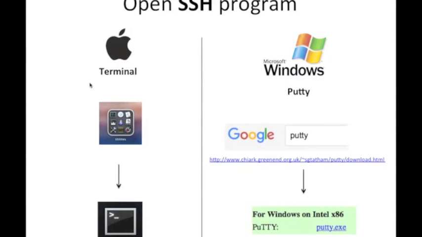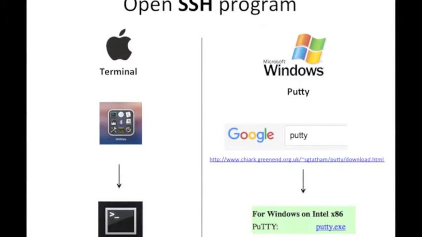Okay, so for the Mac, it's very simple. You open the utilities and you open the Terminal, which is a kind of black square. Click that. That's all you need to do. For Windows, you need to install one program, which is pretty simple to install. Usually the way I do it, I just open Google and type PuTTY, and the very first page shows up.